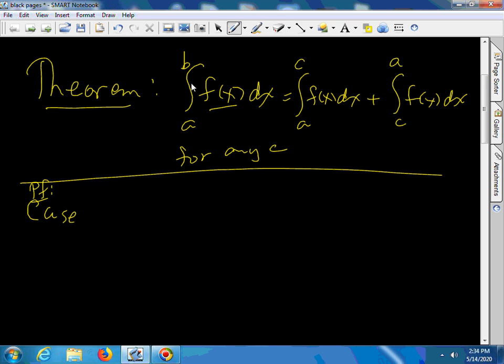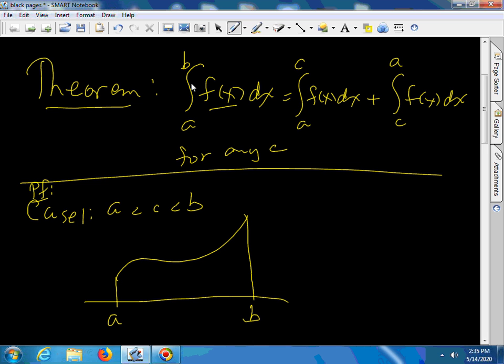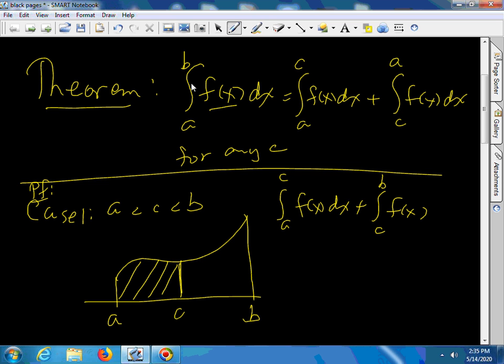Case 1, the easiest case. C is actually between A and B. So we have A, we have B, and in the end, we want to know the area from A to B. Well, of course, if C is in the middle, the integral from A to C of f of x dx, this area is additive, plus the area from C to B of f of x.